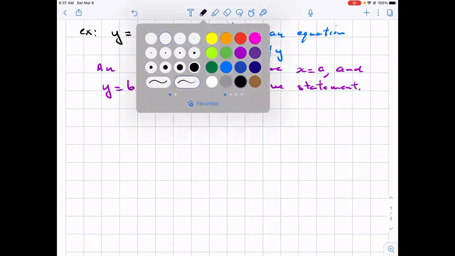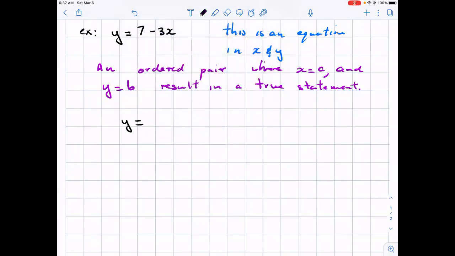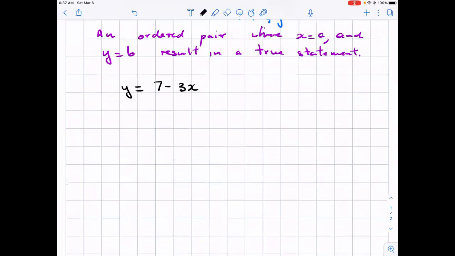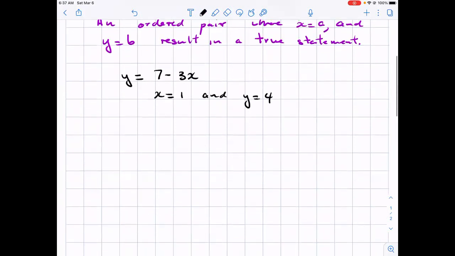And what I'm trying to say here is, if we have the equation y equals 7 minus 3x, and if we look at x equals, let's say, 1, and y equals 4, then this here is true. This would be a true statement.